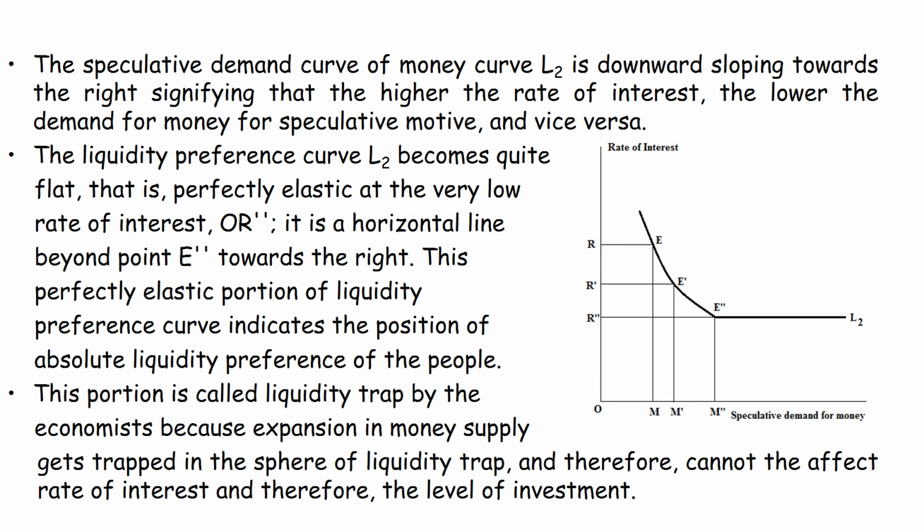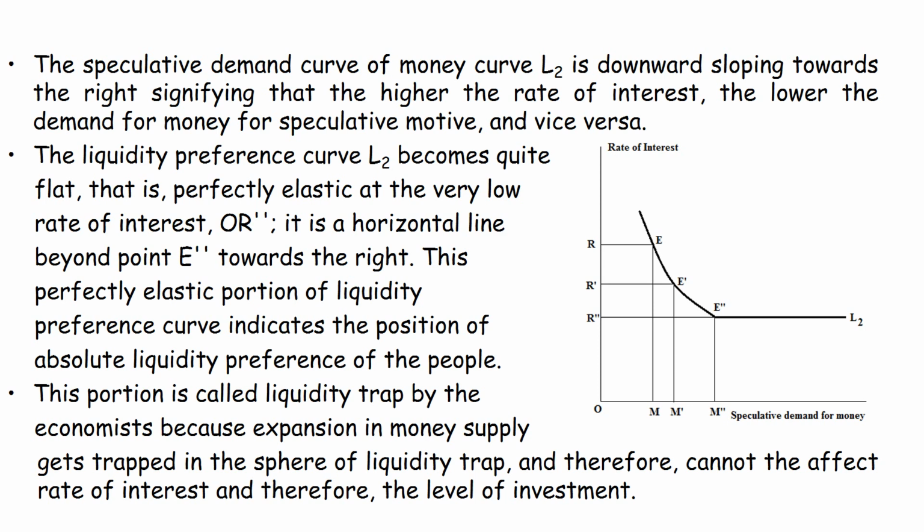Now, the liquidity preference curve L2 becomes quite flat, that is, perfectly elastic at the very low rate of interest OR double prime. It is a horizontal line beyond the point E double prime towards the right. This perfectly elastic portion of the liquidity preference curve indicates the position of absolute liquidity preference of the people.